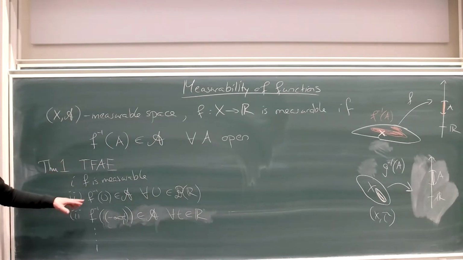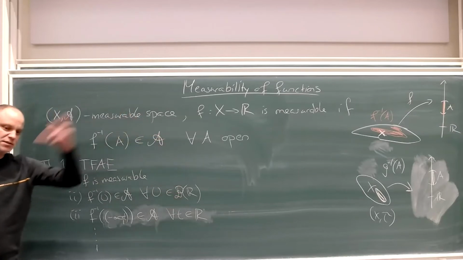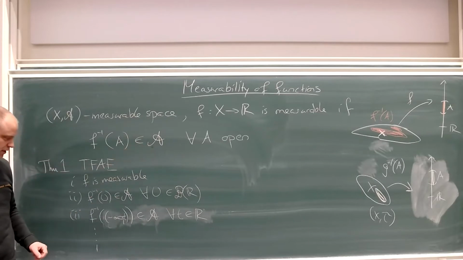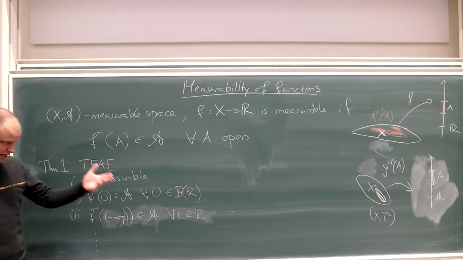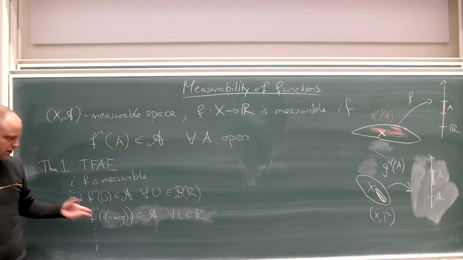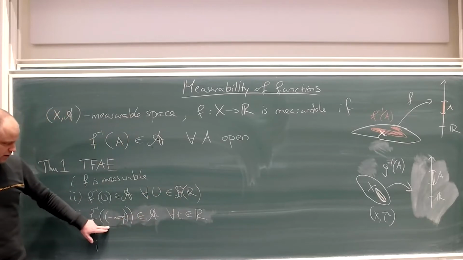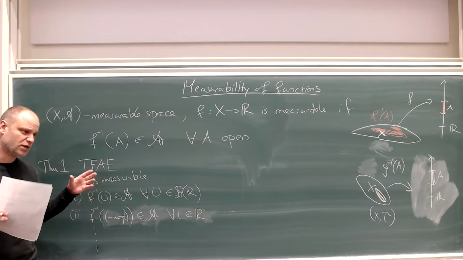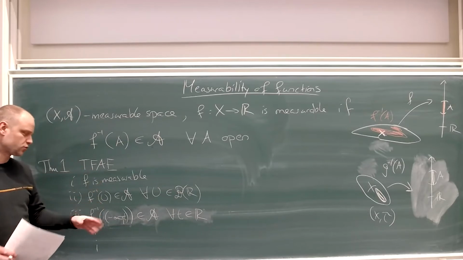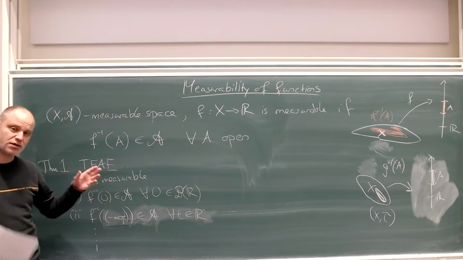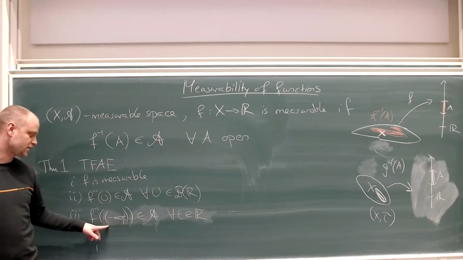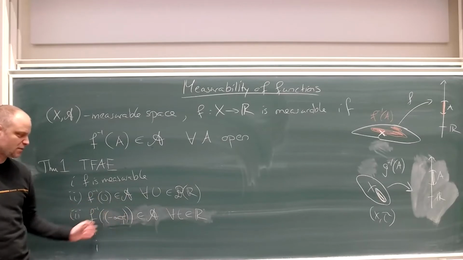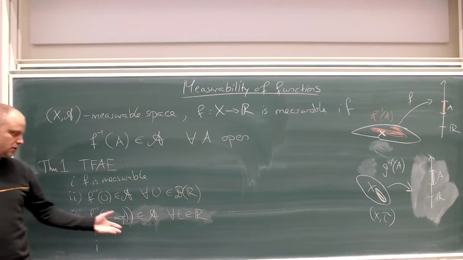Okay, so I could as well have started with saying that it should send Borel sets back to nice sets, or measurable sets, sets in A. So then I made it bigger, right? From open sets, you go to Borel. You can also go the other way. We saw at some point that if you want to scale down the number of building blocks you need to construct the Borel sigma algebra, you can limit yourself to semi-axes or half-axes. And it turns out it's sufficient to just check that the pre-image of a semi-axis is in your sigma algebra.